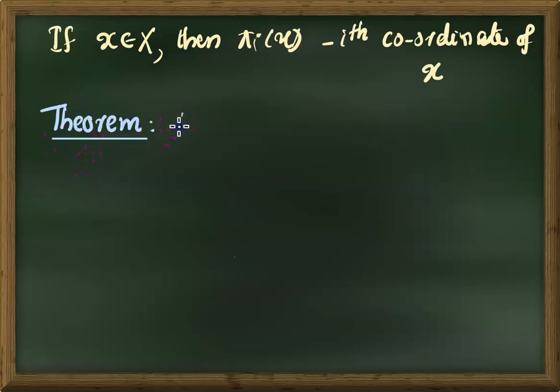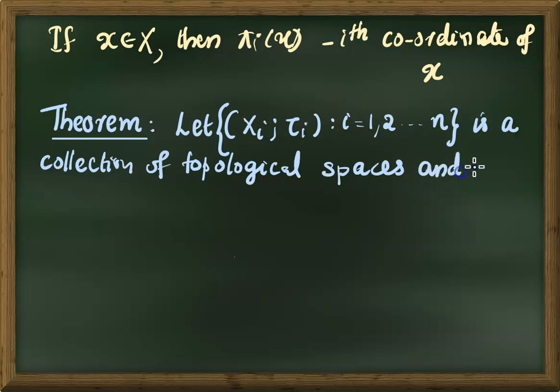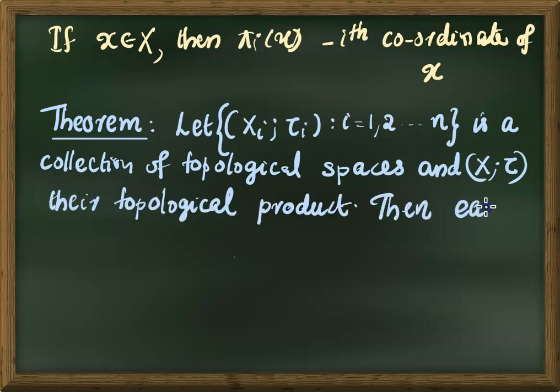It states that if (Xi, tau i), where i varies from 1 to n, is a collection of topological spaces, and (X, tau) their topological product, then each projection pi i is continuous.